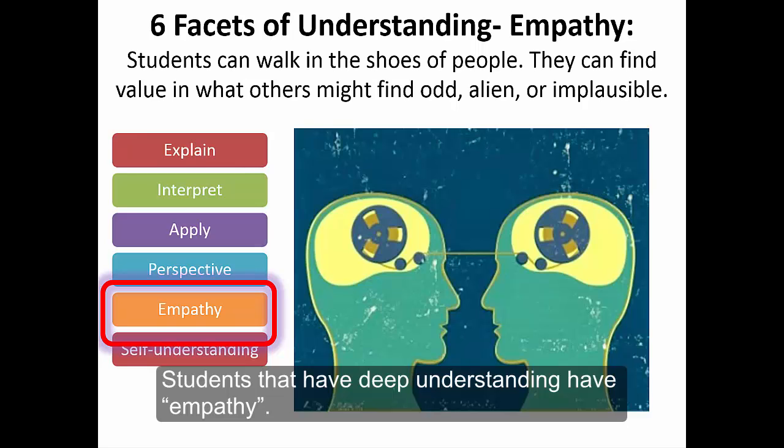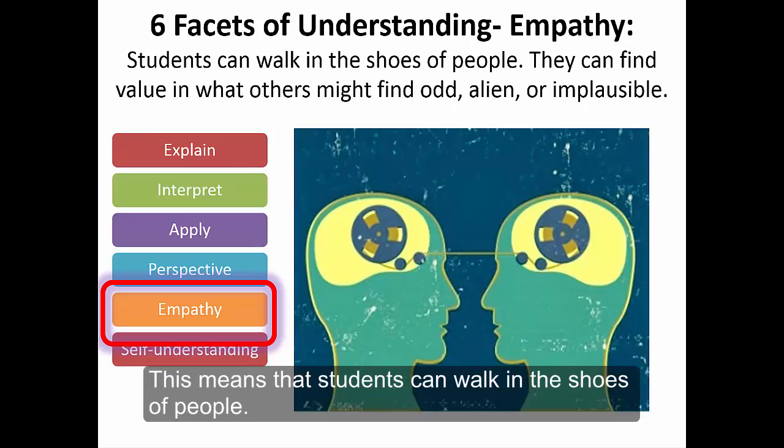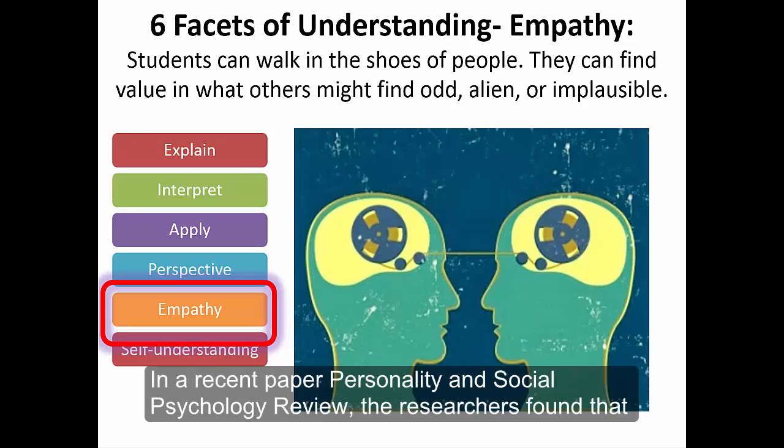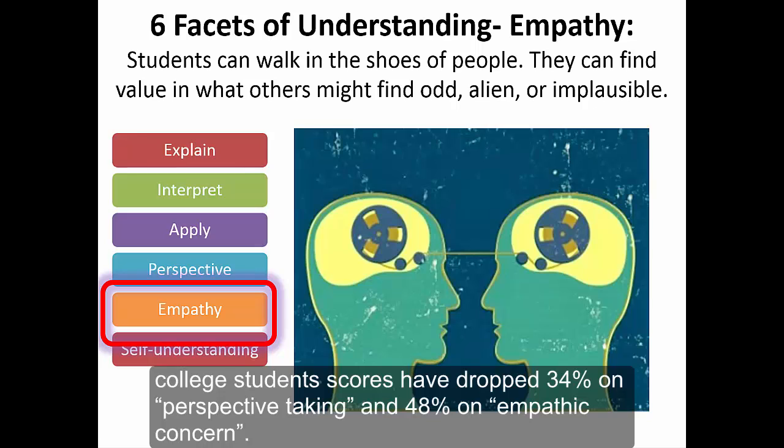Students that have deep understanding have empathy. This means that students can walk in the shoes of people. They can find value in what others might find odd, alien, or implausible. In a recent paper in Personality and Social Psychology Review, the researchers found that college student scores have dropped 34% on perspective taking and 48% on empathetic concern.